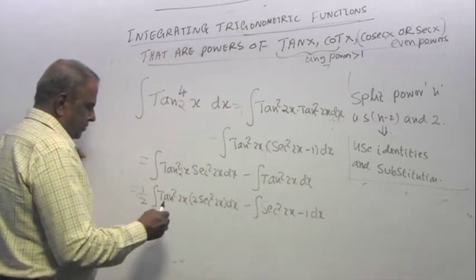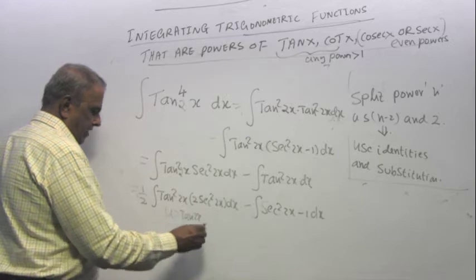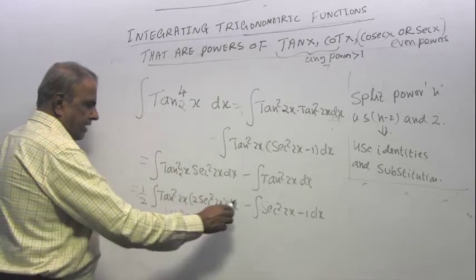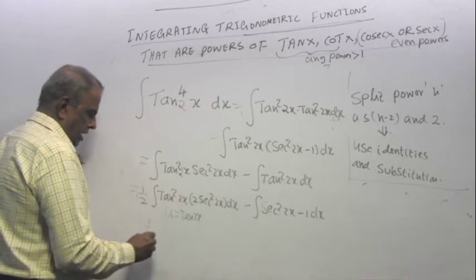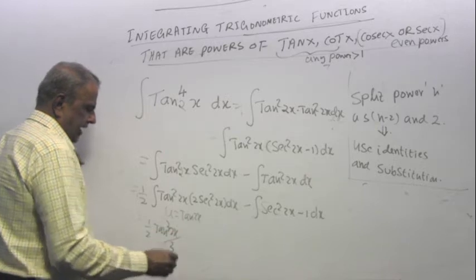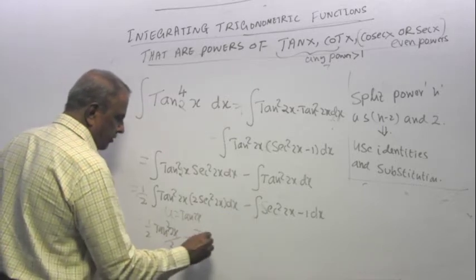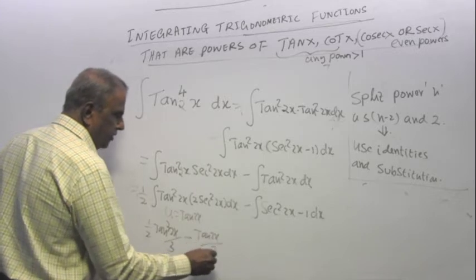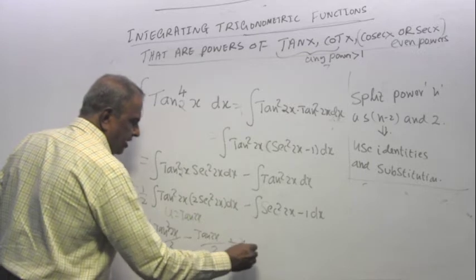Here, if u is tan 2x, then this whole thing becomes u squared du. So half tan cube 2x over 3 minus, sec squared 2x gives you tan 2x over 2, and 1 gives you x, plus c.